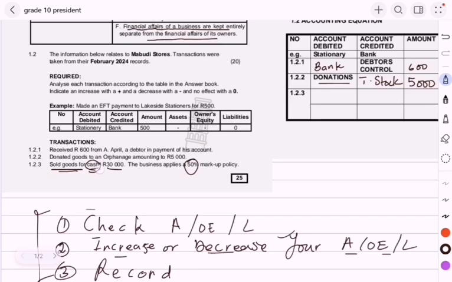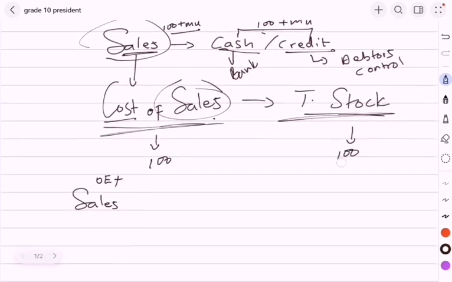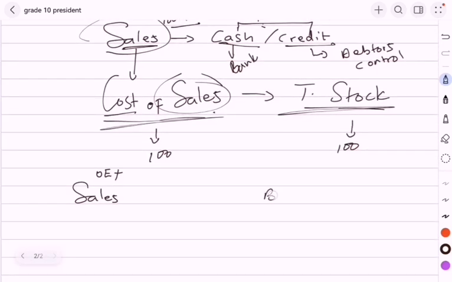Then now, cash. Of course, when it's cash, I told you it's what? It's bank. And by bank, this is an asset. And money is coming into the business, so it's going to be a plus, of course. Now, when it comes to your cost of sales, they also affect your owner's equity, but in a negative way. I will explain again.